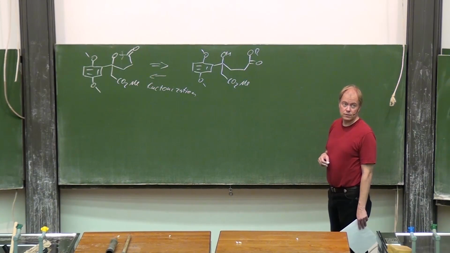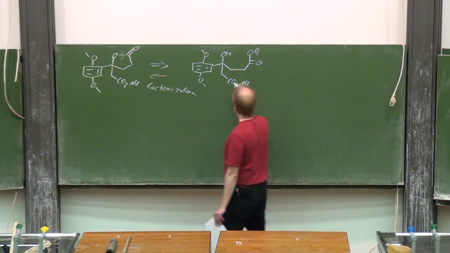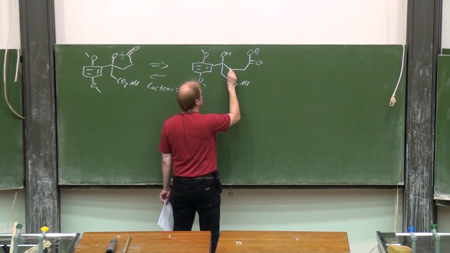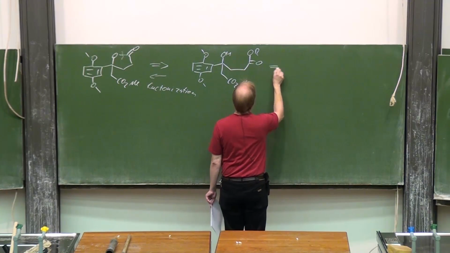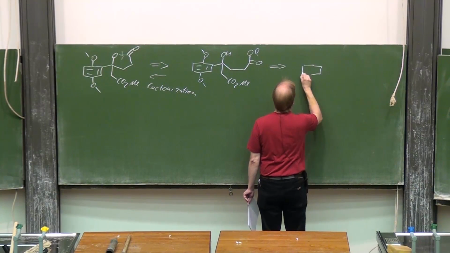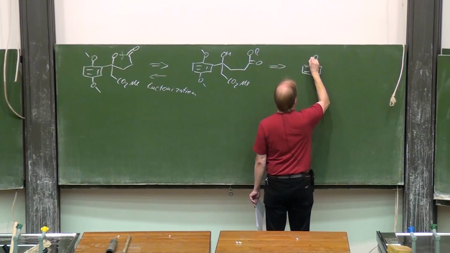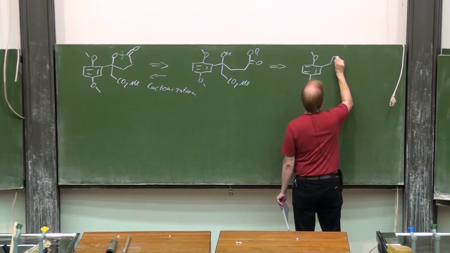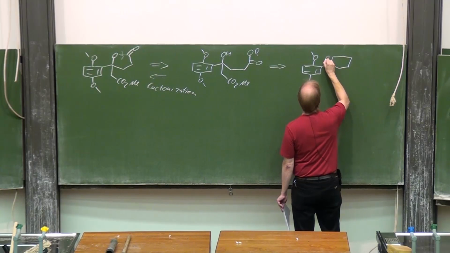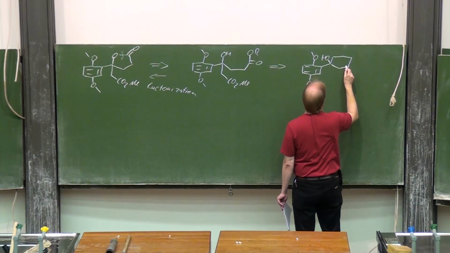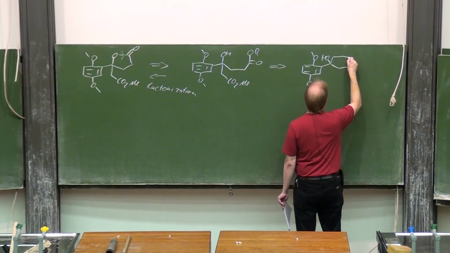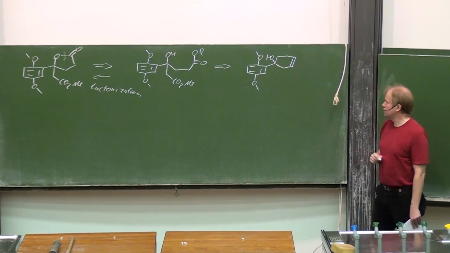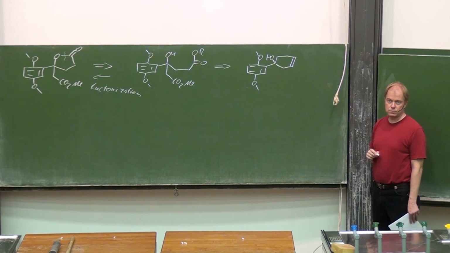Some of you then had the idea that we have a 1,6 relationship, 1, 2, 3, 4, 5, 6, and we could make use of that by this retrosynthetic step, which indeed would be a nice simplification.